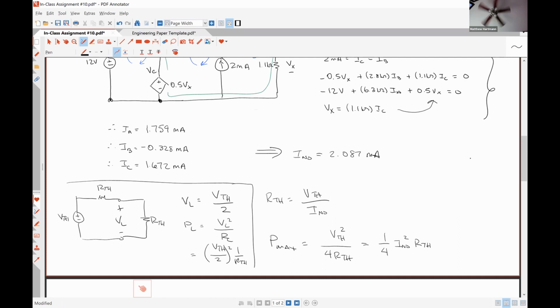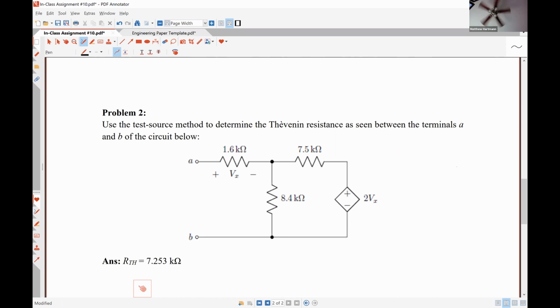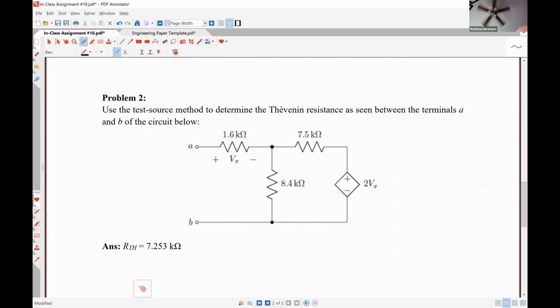Alrighty, let's jump ahead to this guy. So we're asked to use a test source method to determine the Thevenin resistance as seen between the terminals A and B of the circuit. The test source method means that we can apply either a voltage source or a current source. It's our pick, with a particular magnitude that is, again, entirely up to us.